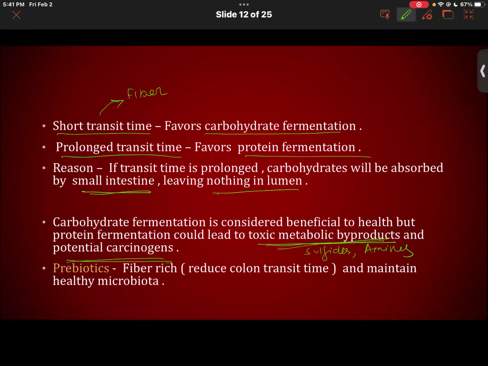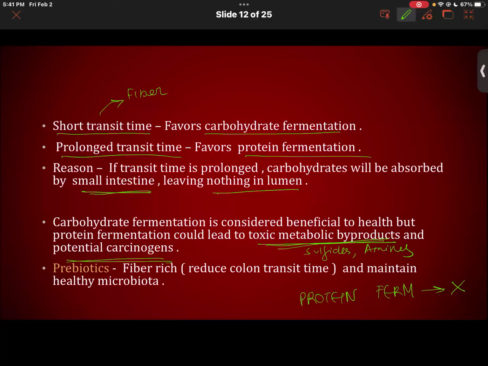So ideally, we do not want any protein fermentation, and obviously we do not want a majority protein fermentation, which is what would happen if we have a prolonged transit time. This is why people recommend eating fiber, because that decreases the transit time and favors carbohydrate fermentation. So protein fermentation is bad because it causes toxic products and potential carcinogens to be formed.